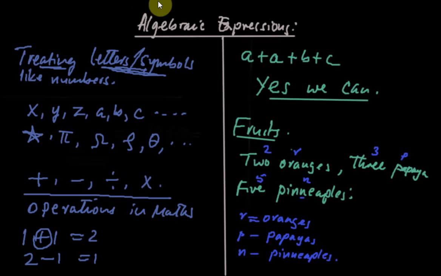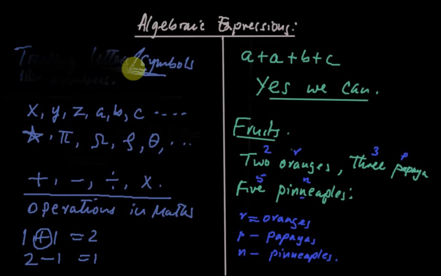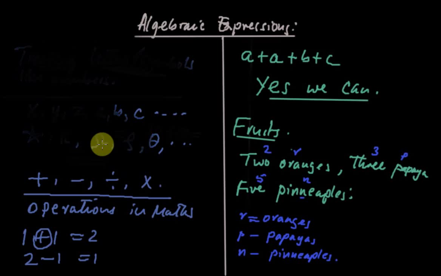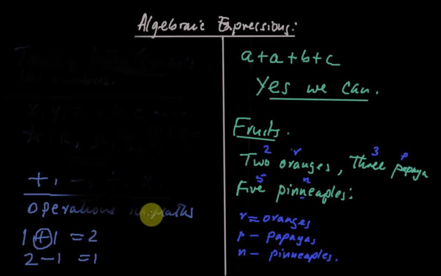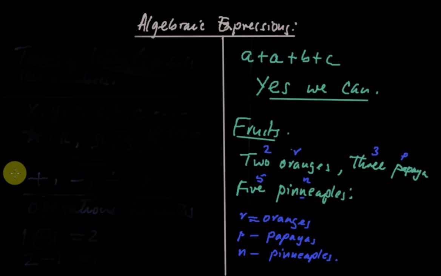So if that is the case, then we see how we can treat these things the way we treat numbers. Here we have two oranges, so we have 2R, and then we have 3 papaya, and we have 5 pineapples.